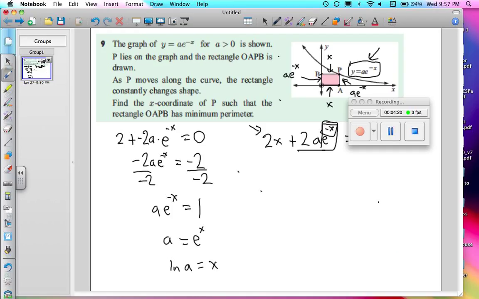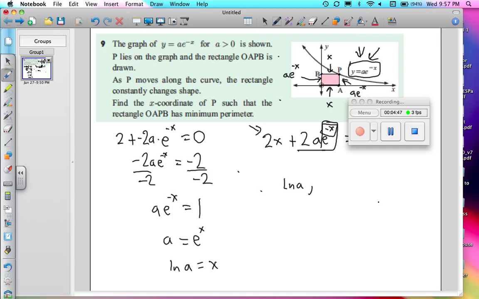Okay, but it said find the x coordinate. So now we have to find out what the y is equal to. So we know our x is natural log of a. So you plug natural log of a in for x, into our original equation right here, y equals a times e to the negative x.